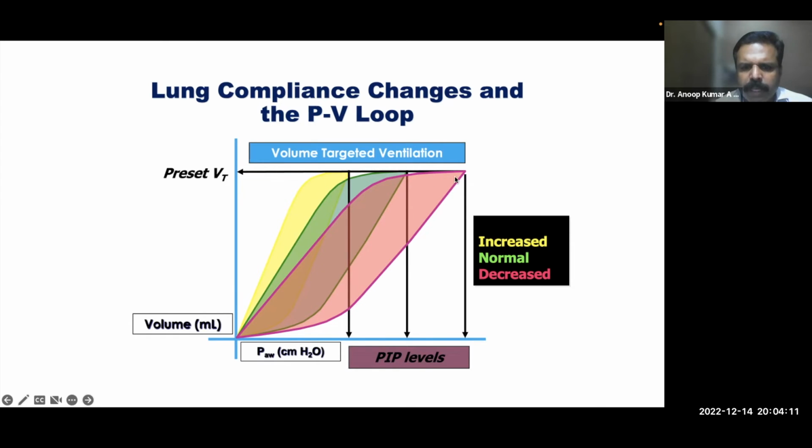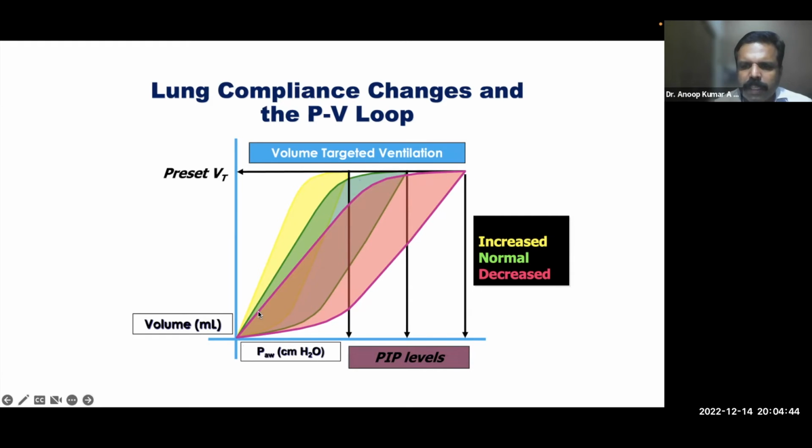Depending on the compliance, your airway pressure will vary. With normal compliance, the airway pressure is here. If the compliance is decreasing, that is the pink part, your tidal volume will be the same, but more pressure will be generated for the same tidal volume. If the compliance is improving, it is again shifted towards this line, and your pressure will be reducing.